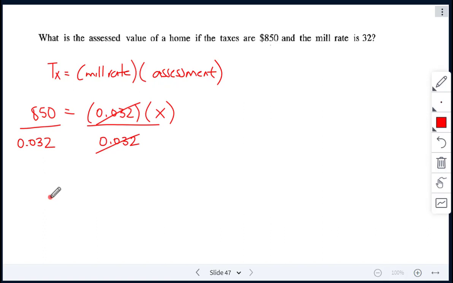And that gives me x is equal to 26,562.50. So that would be the assessed value of the home when the mill rate is 32 and the taxes were $850.